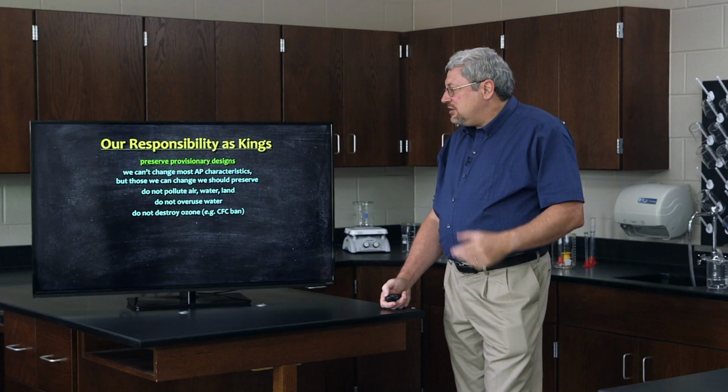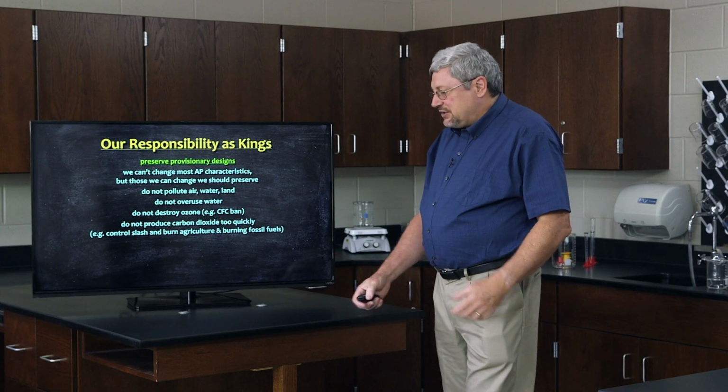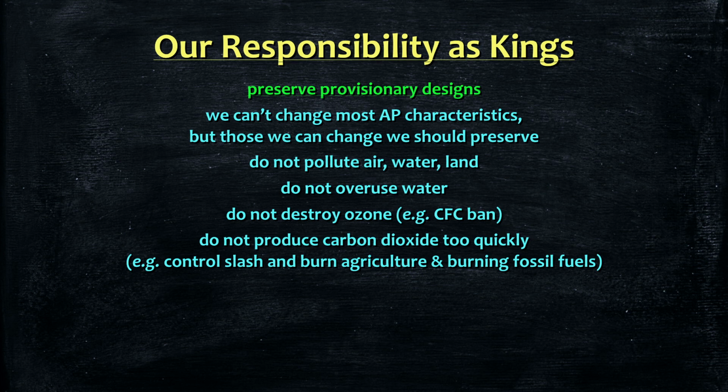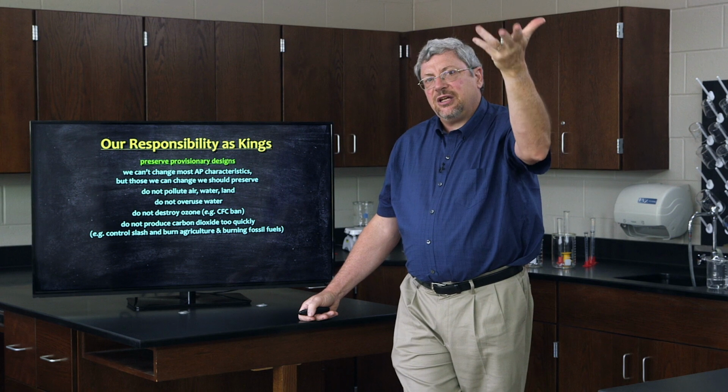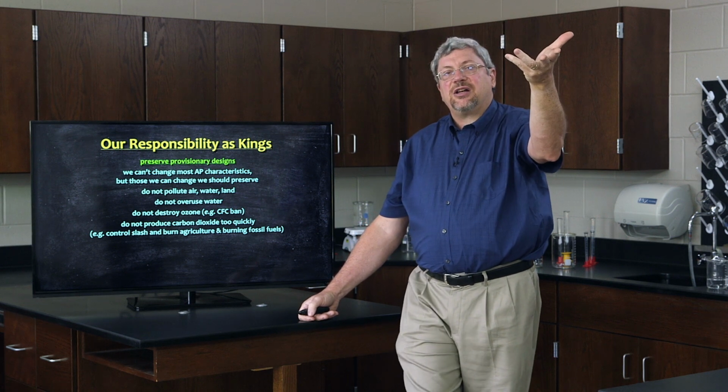This is an excellent example of where we recognize, ooh, there's something we're doing that is destroying the design of the creation. We need to modify it. Likewise, we need to be careful about the production of carbon dioxide. As we burn trees, as we burn fossil fuels, we throw out as a waste product carbon dioxide.